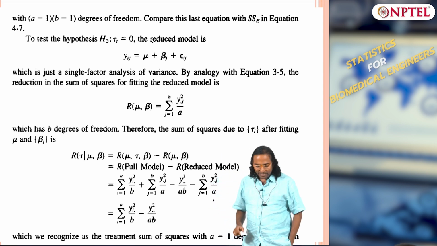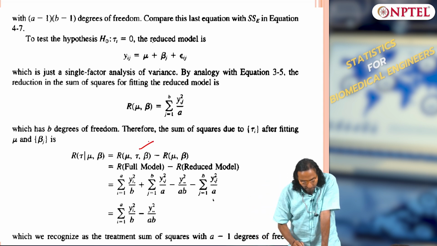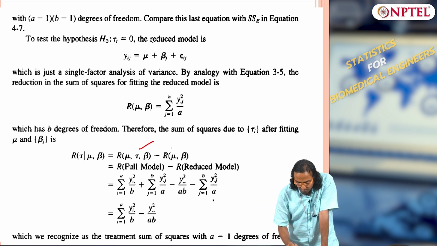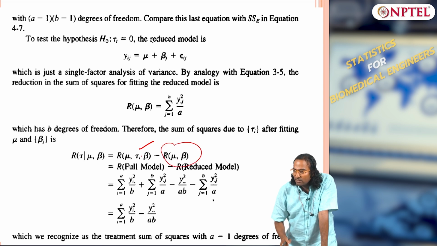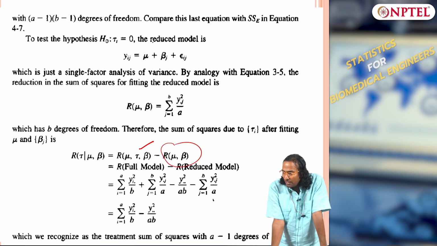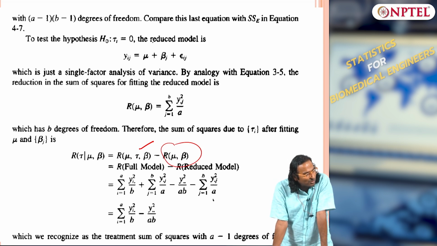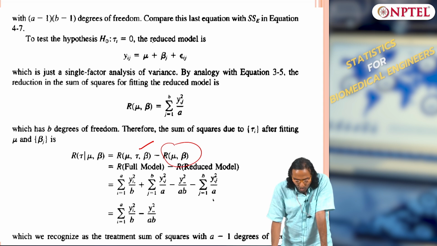I can call it R(mu, tau, beta) minus R(mu, beta). That will give me the effect of treatment alone. The R due to the entire model minus the R due to the blocks, the remaining is tau. So R full model minus R reduced model.